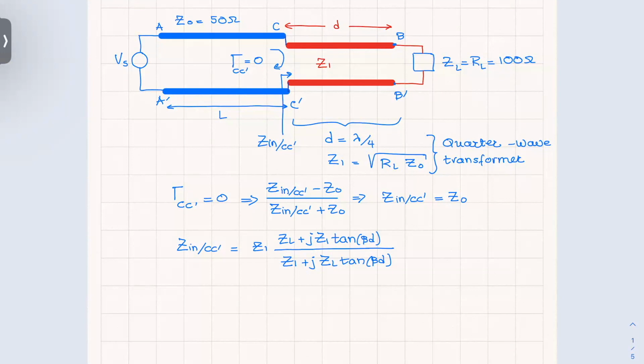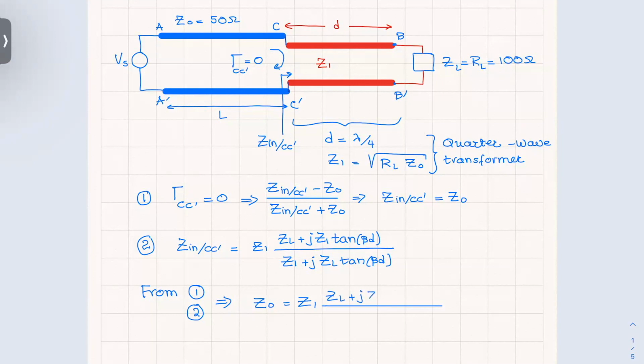Okay, so now I want to make from, this is 1 and this is 2. So from 1 and 2, what do I find? I find here, first of all, I have to make Z input at CC prime Z naught. Therefore, I'm writing here Z naught. And then I have this expression. Okay, so this is a complex number.